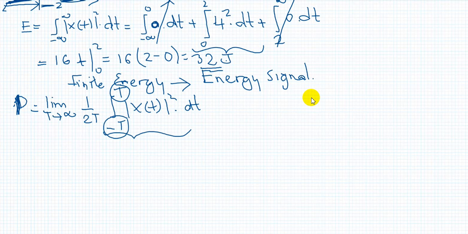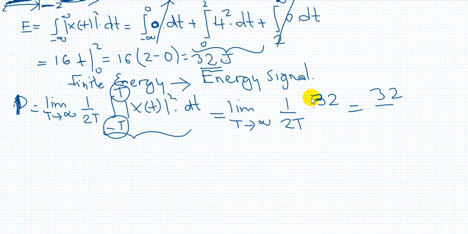So I have the limit as T tends to infinity of 1 over 2T times 32. This equals 32 divided by 2 times infinity, which is infinity, and 1 over infinity is 0. So I got 0 power.